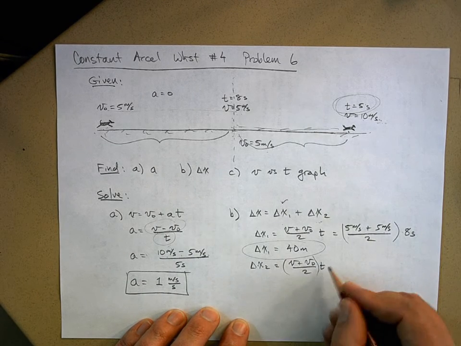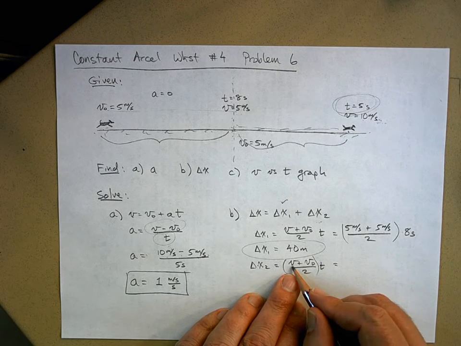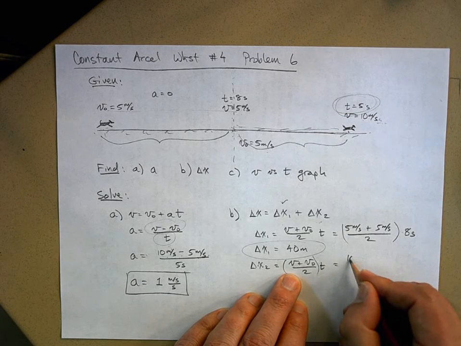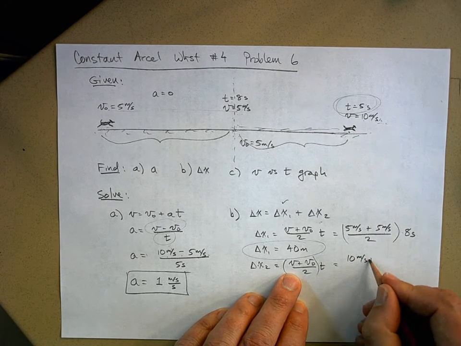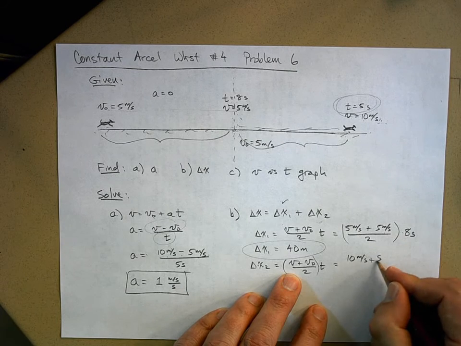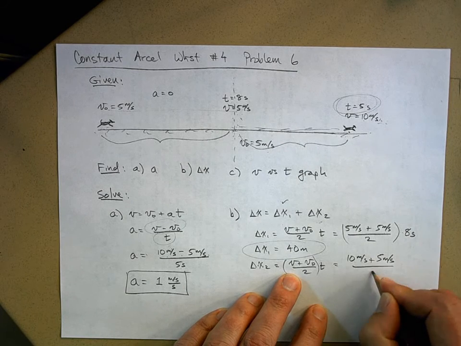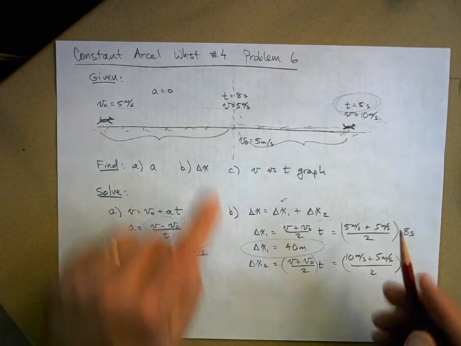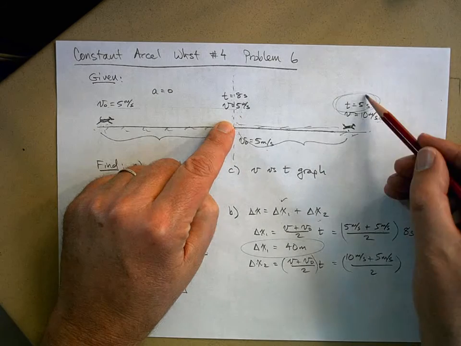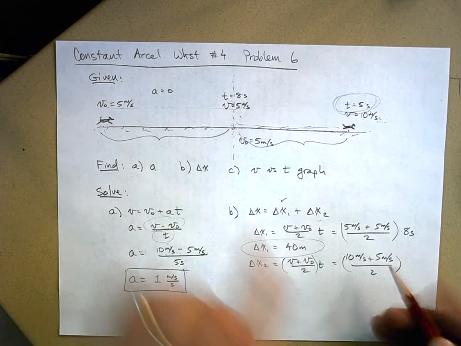I'm just going to use that equation. But now my final velocity is 10. My initial velocity is 5. And the time it took to go from here to here is 5 additional seconds.